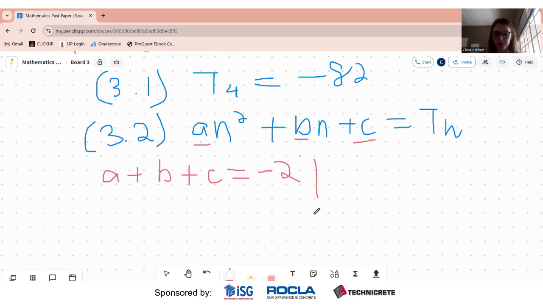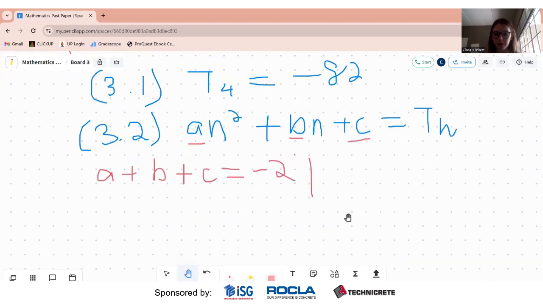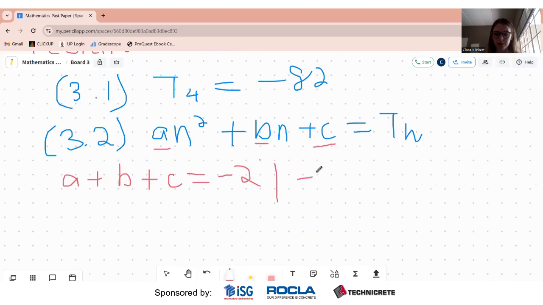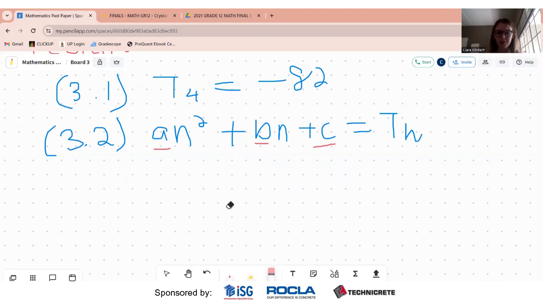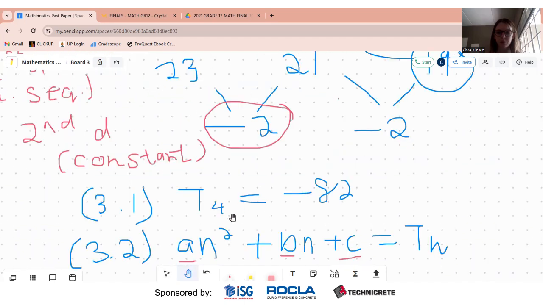Sorry, I actually made a bit of a mistake there. So let's start this again. Okay, so you always start with your constant second difference and work backwards.